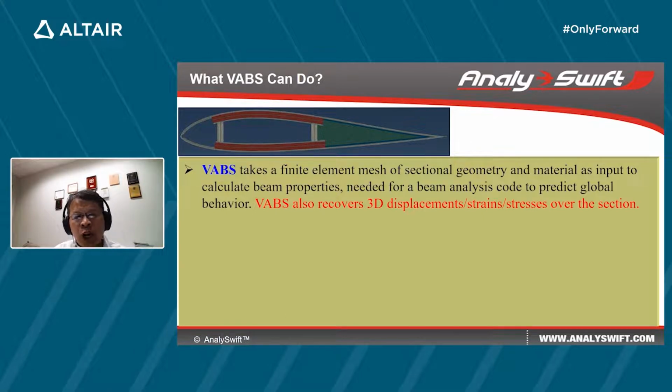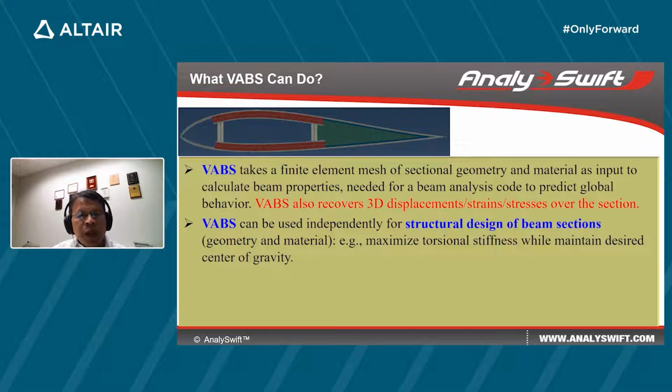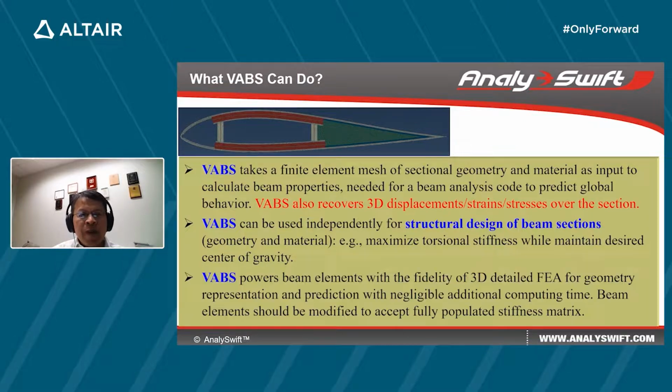VABS can also recover 3D displacements, strains, and stress over the cross-section. VABS can be used independently for structure design of beam sections, including geometry and material. For example, I want to maximize the torsional stiffness of the cross-section while maintaining the desired center of gravity.